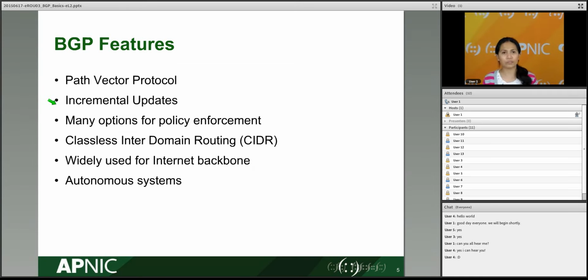Every so often, if there are changes, there will be incremental updates going on. Such an incremental update design requires a reliable transport between your pair of BGP speakers in order to function correctly. Have a look at the RFC to have more understanding of how it works.